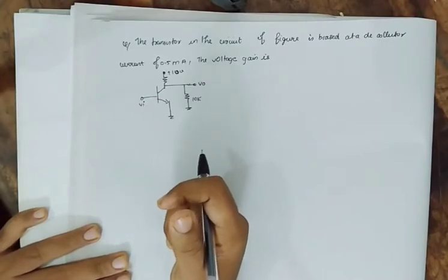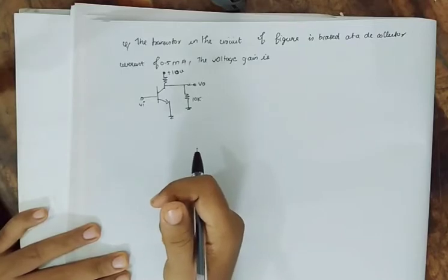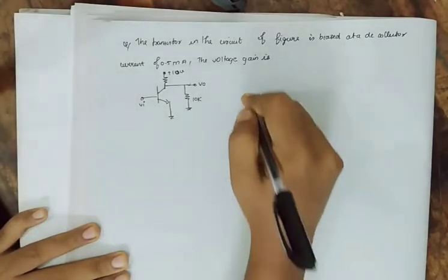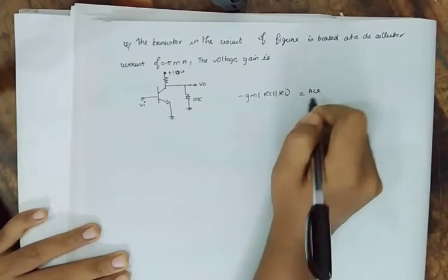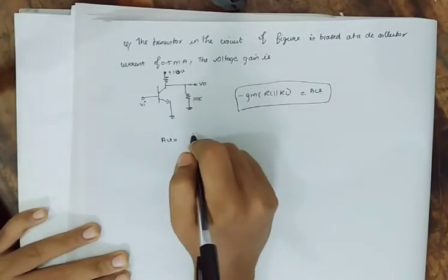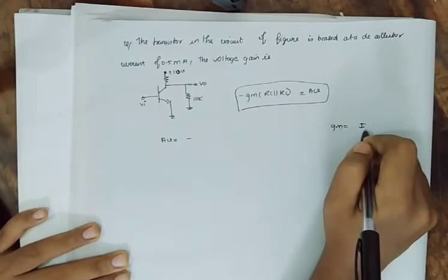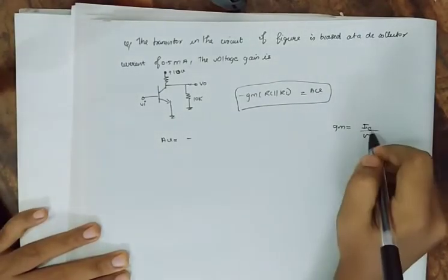Okay, the transistor in the circuit of the figure is biased at a DC collector current of 0.5 milliampere. The voltage gain is, so we have to find out the voltage gain. So the voltage gain for this kind of a system is minus GM into RC parallel RL. So this is the voltage gain equation. So AV equal to minus GM, which is equal to IC divided by VT.